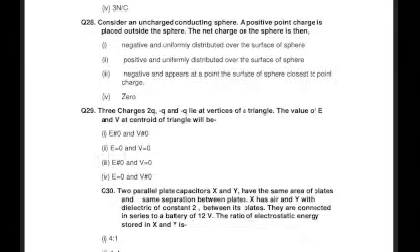E equal to 0 and V equal to 0. 3. E not equal to 0 and V equal to 0. 4. E equal to 0 and V not equal to 0. Correct. The answer is E not equal to 0 and V equal to 0.